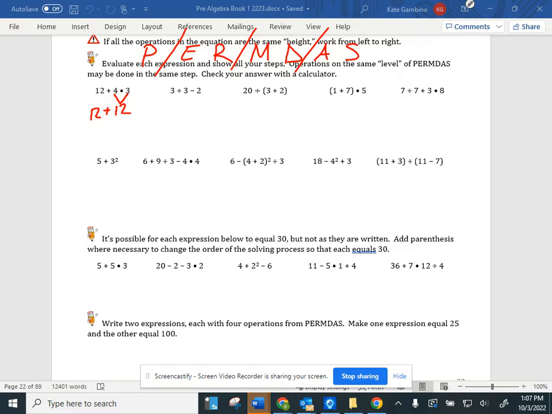And I know it seems like a lot of work when we can do it in our head, but we must get used to doing it, all the steps, rewriting it again and again until we can get down to our answer. Now I'm down to just one operation, the adding. So if it's just one operation, I'm doing 12 plus 12 is what? 24. There are no other operations to do.